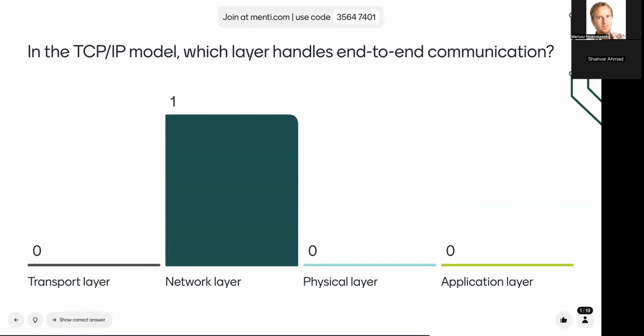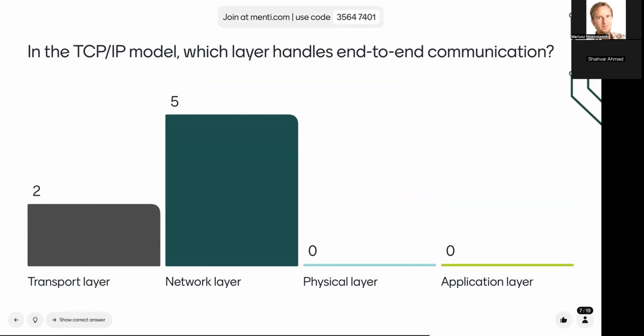In the TCP model, which layer handles end-to-end communication?